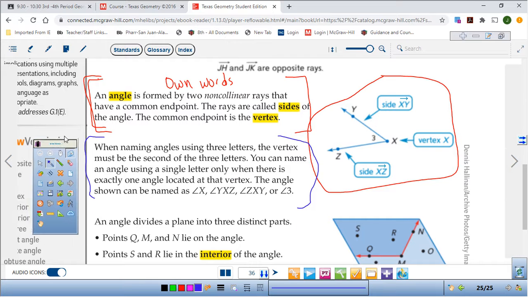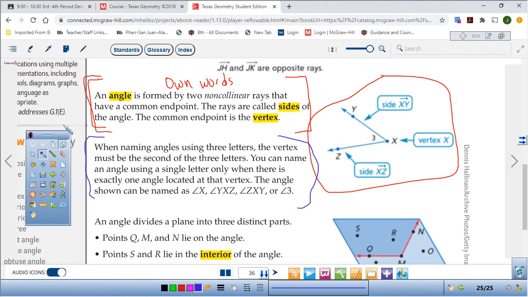If you see this little symbol here, that means angle. That is a shorthand for angle. So this means angle 3. This means angle X. This means angle YXZ. This means angle ZXY. Not too bad.